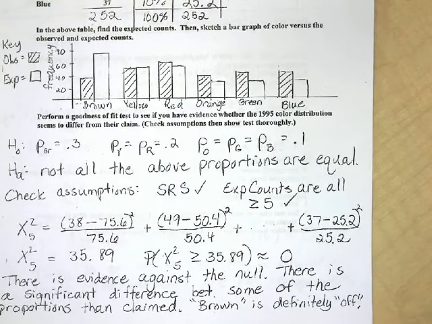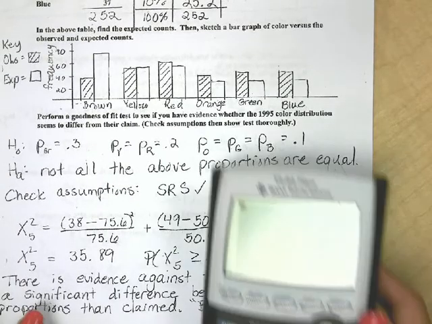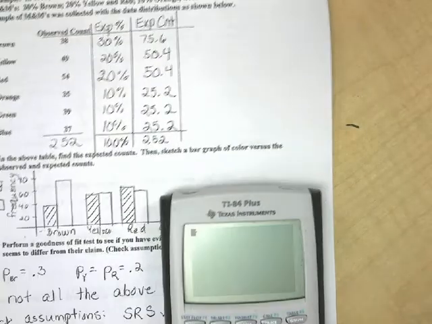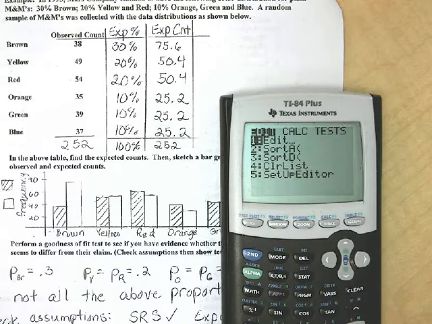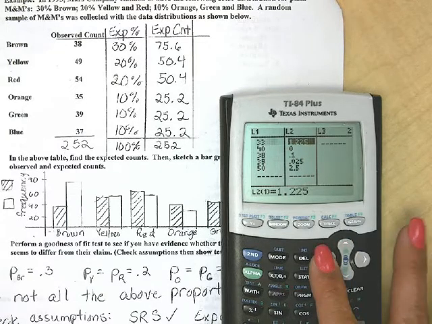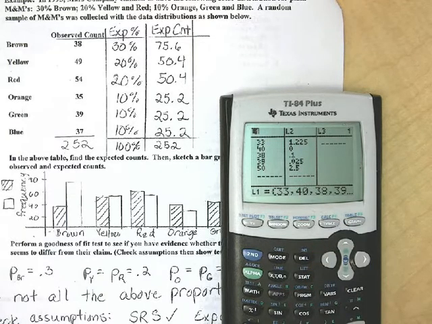Now, putting this into your calculator is a nice thing to do. So if I put my calculator right up here, if I go to Stat and Edit, I want to clear out this data, so I'm just going to clear that since I only have 2.